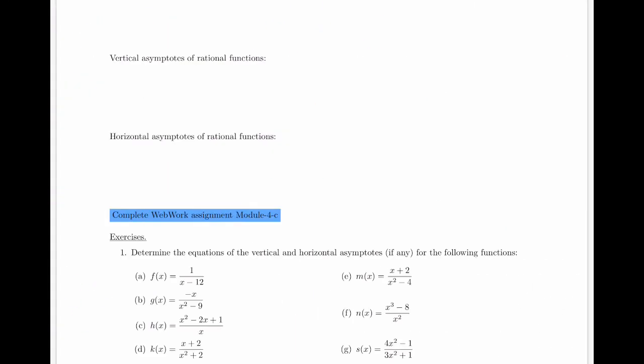So for a quick review of the vertical and horizontal asymptotes, let's just remind ourselves that vertical asymptotes of rational functions are when the denominator of the function is equal to 0, but you have to check to make sure that this value is not a hole. For horizontal asymptotes of rational functions, you're going to have to compare degrees of the polynomials on the top and bottom, so of numerator and denominator.